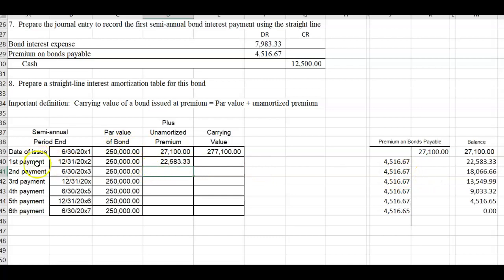So after the first payment, the unamortized premium is reduced down to $22,583.33, just as shown over here. And the carrying value is the par value plus the unamortized premium.